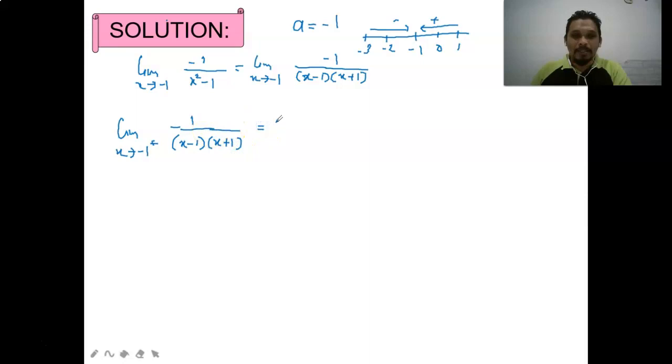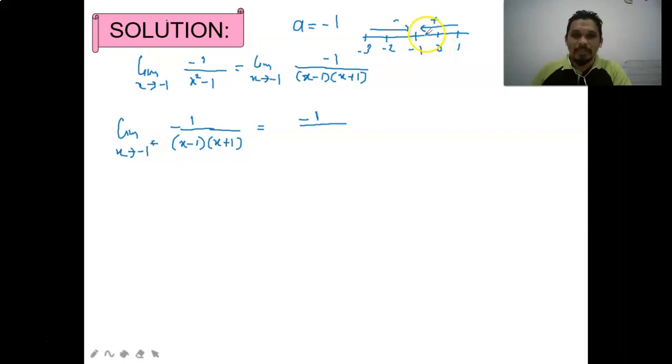Okay, so just imagine that if we substitute with negative 1 here, divide by x approaching negative 1 from the right side: 1, 0, negative 0.5, and so on.